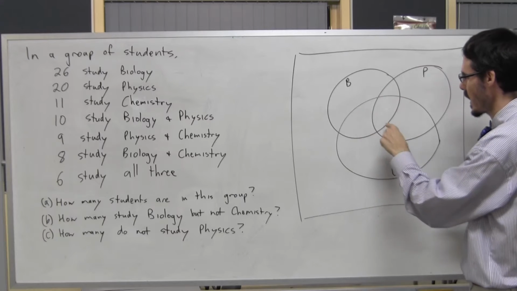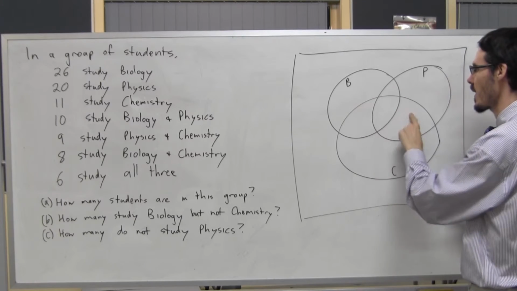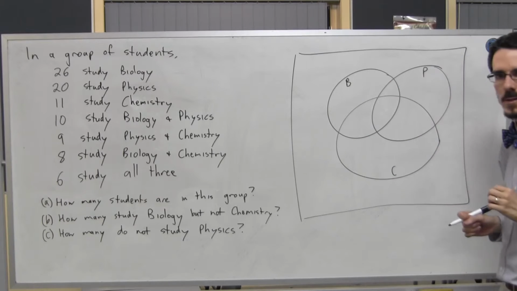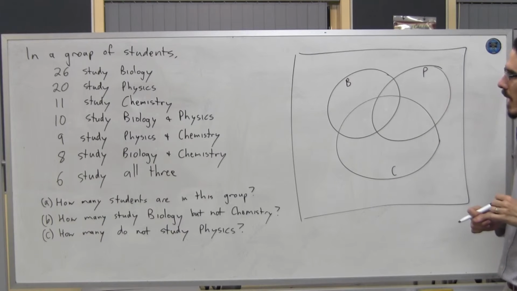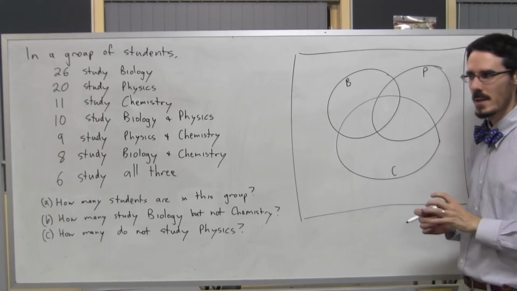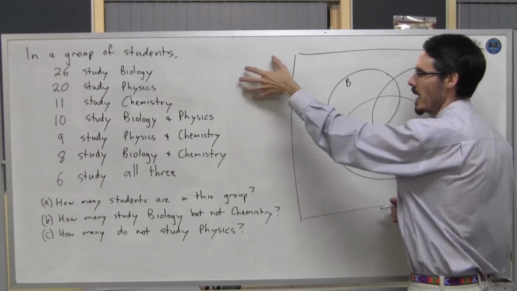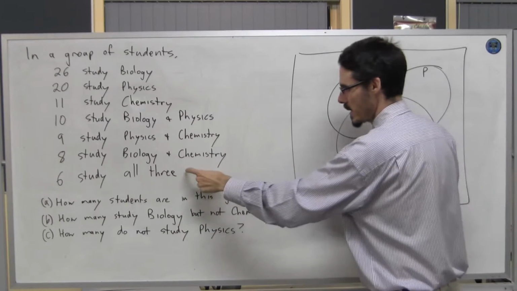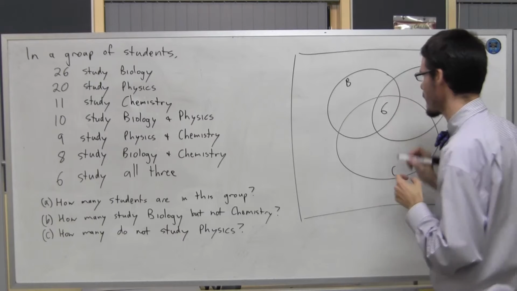There are sections where each one intersects with one other, and then there are the bits left over around the outsides. So, it's actually easiest with a problem like this to work from the inside out. From the inside out. There are 6 students who study all 3 subjects.